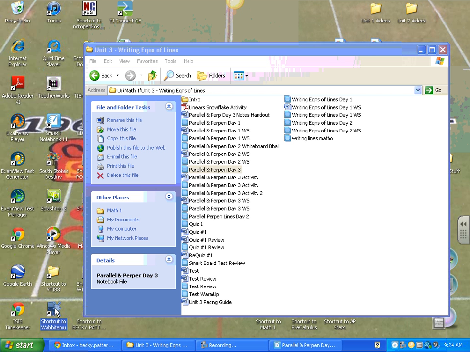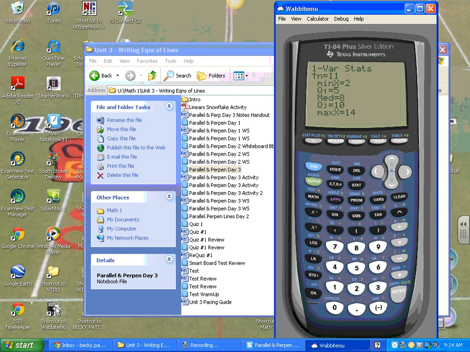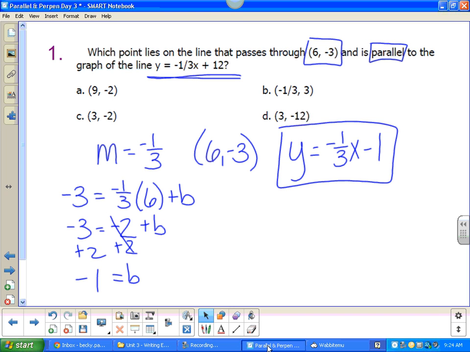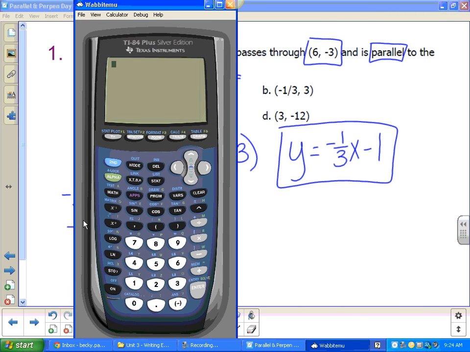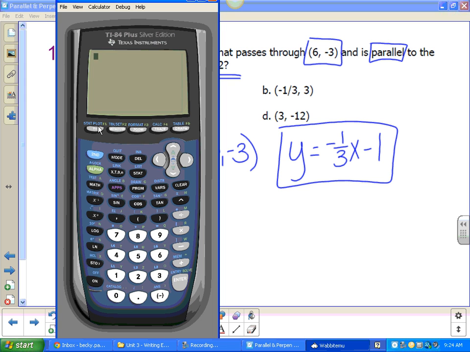I'm going to take my calculator and go to y =, and I'm going to type in -1/3 x - 1. And if you want to, you can graph him.